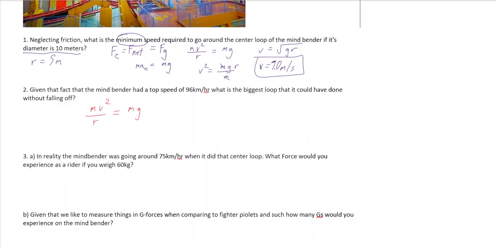Now we're going to solve for r. So r is going to move over, so m v squared equals that. Now we're going to move the mg over, so it's going to be mv squared over mg equals r. Those m's cancel, so r equals v squared over g.